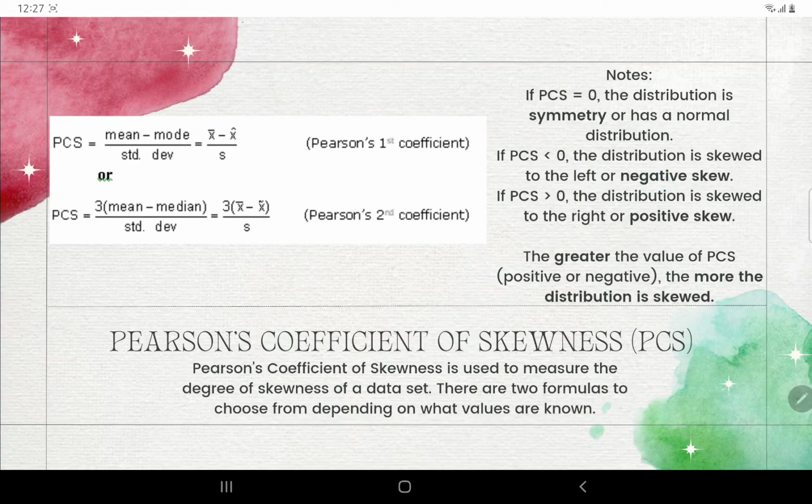And if our PCS is more than 0, a positive answer, the distribution is skewed to the right, or positively skewed. The greater the value of the PCS, the more the distribution is skewed.